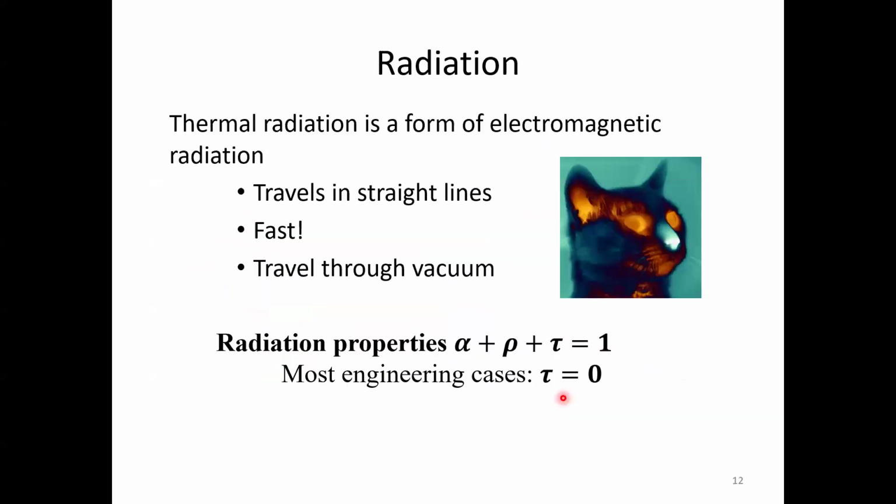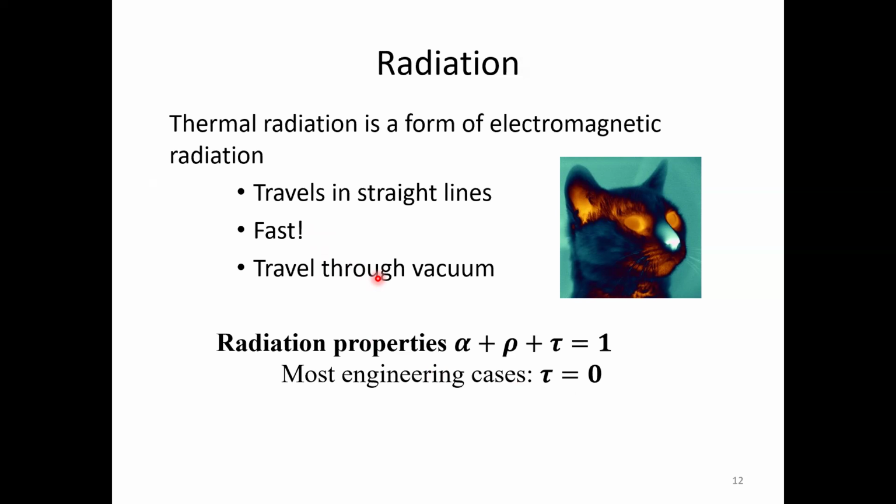Okay, and we are going to see the mathematical form which describes the rate of heat transfer via radiation. All right, so some of the properties of radiation. Whatever properties you know about electromagnetic waves apply for radiation as well. Okay, so it's going to travel in straight lines pretty fast. Okay, it travels through vacuum, and that's why you get energy from the sun.